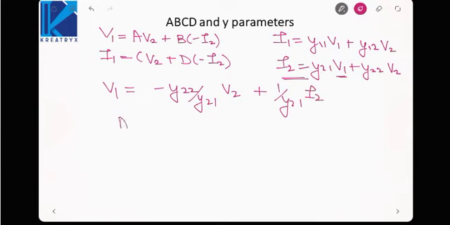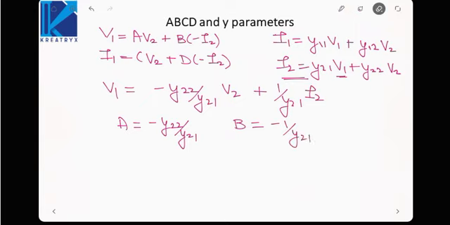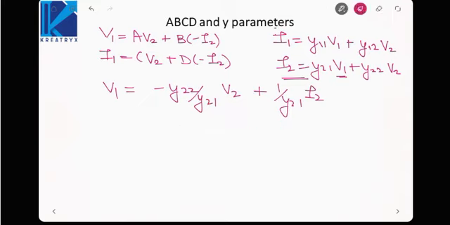So from this I can say A is equal to minus Y22 by Y21, okay, and B is equal to minus 1 by Y21. So now we know A and B. We need to find I1 in terms of V2 and I2. If you see this relation, I1 is in terms of V1 and V2, but we need in terms of V2 and I2. So we will substitute the value of V1.